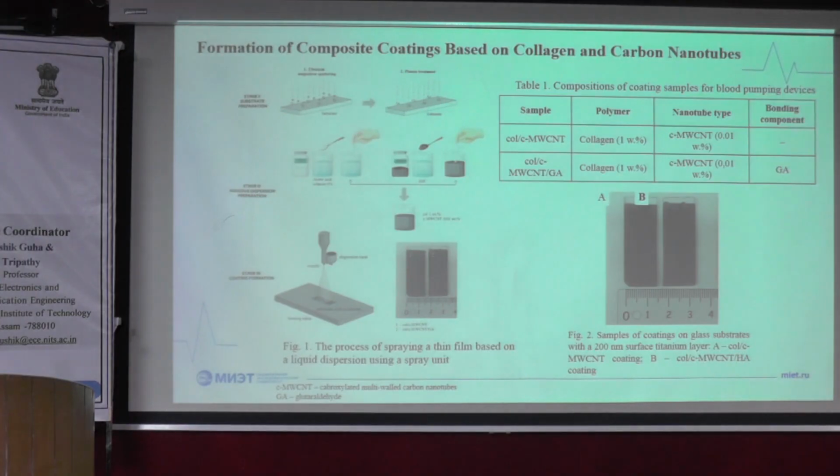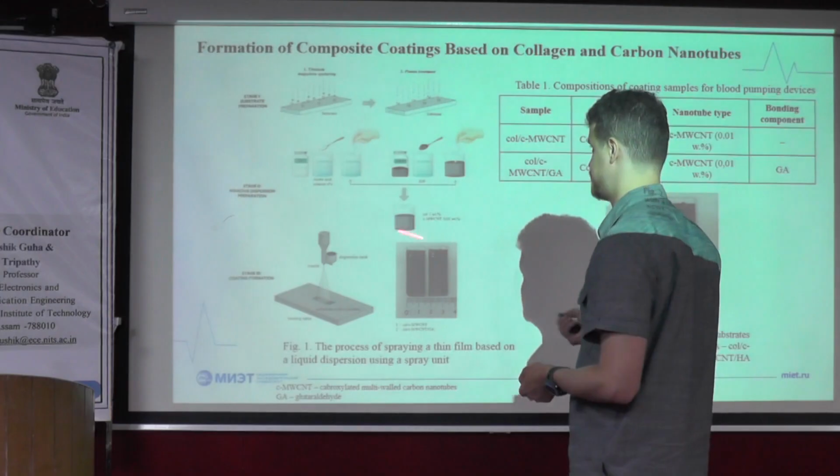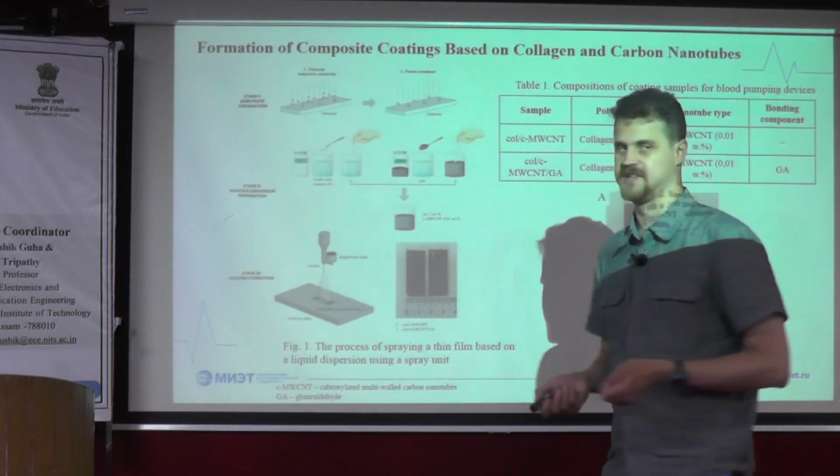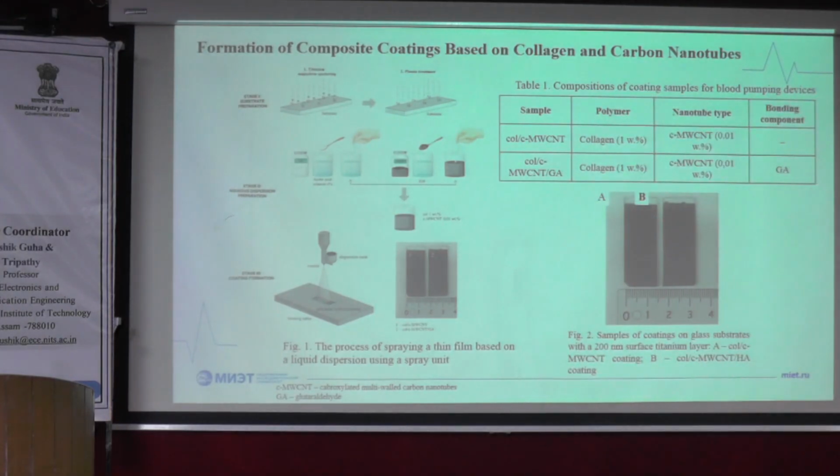And one of the potential candidates that can be used for the formation of the inert surface in the apparatus is biomaterials, like a combination of collagen with multi-wall carbon nanotubes.